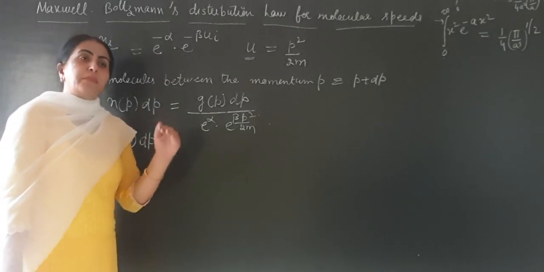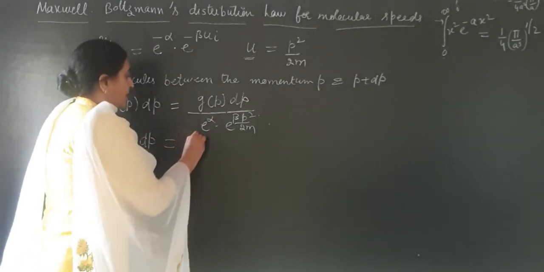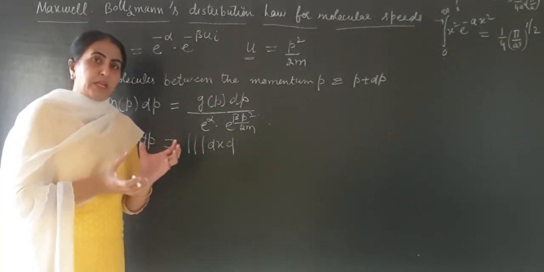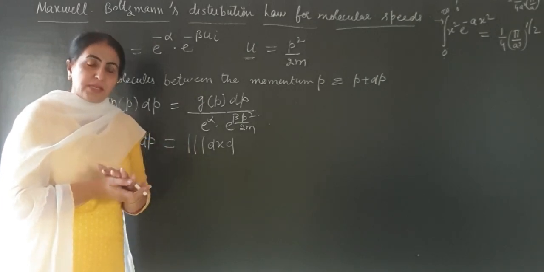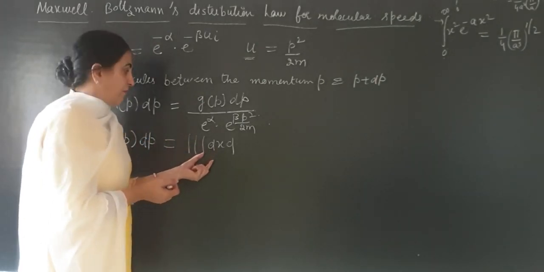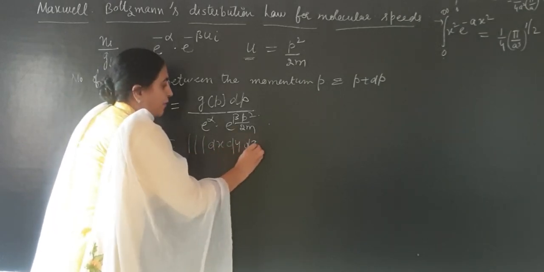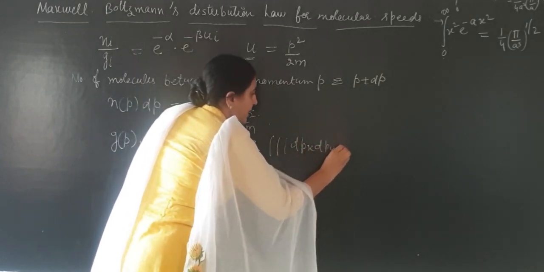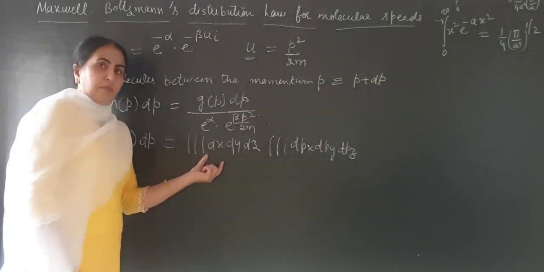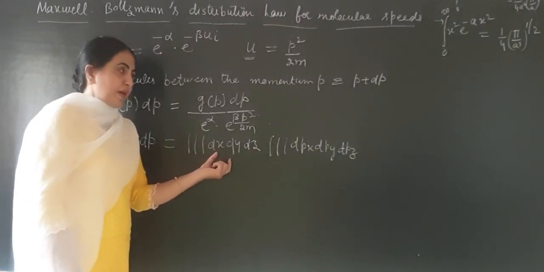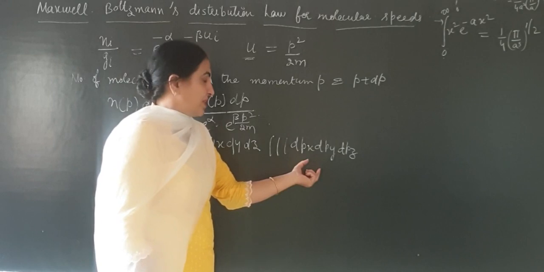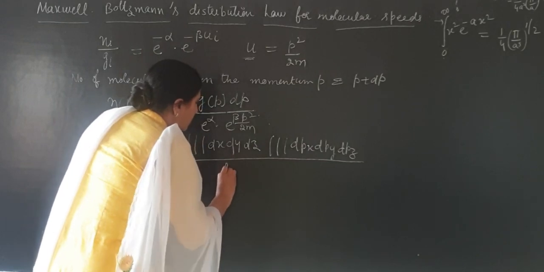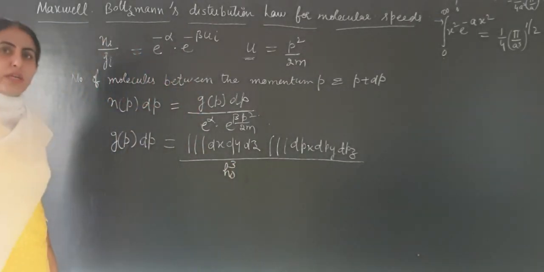The phase space is a combination of momentum space and position space. So for position space we have volume dx dy dz, and for momentum space we have dpx dpy dpz. This is the volume of the system in the position space, and this is the volume in the momentum space, divided by the volume of the elementary cell, that is equal to h naught cube.